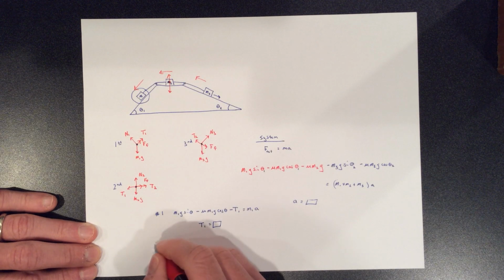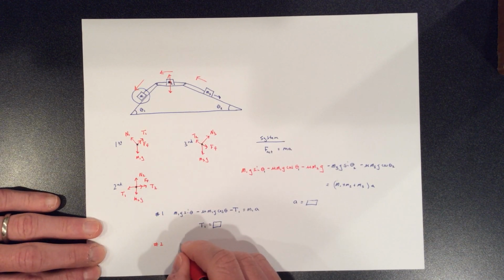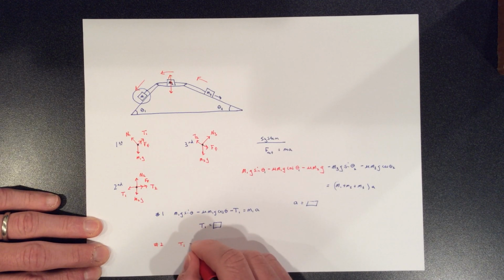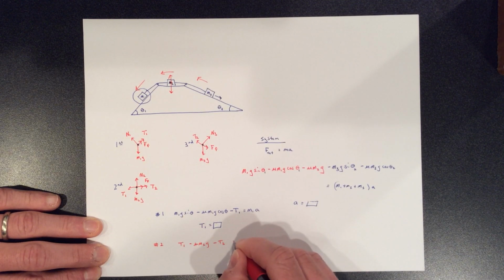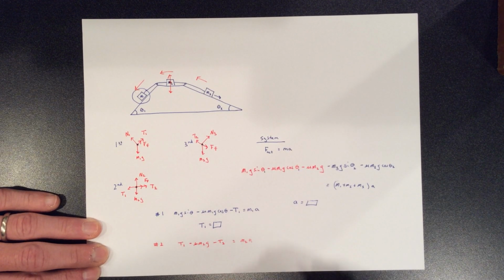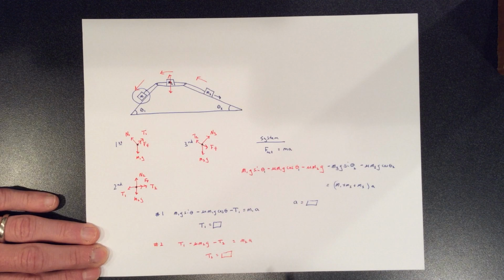Okay? And let's say we're just looking at box 2. Looking at this free body diagram, we would say that T1 minus the force of friction, which is mu M2g, minus the rope T2 equals M2A. But once you knew A, you could use this to find T2.